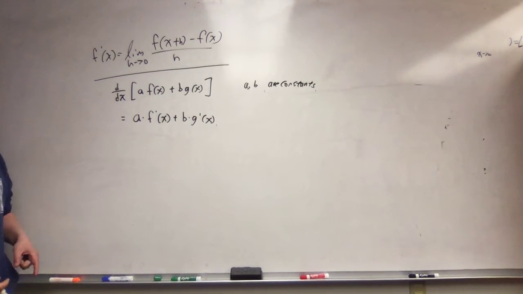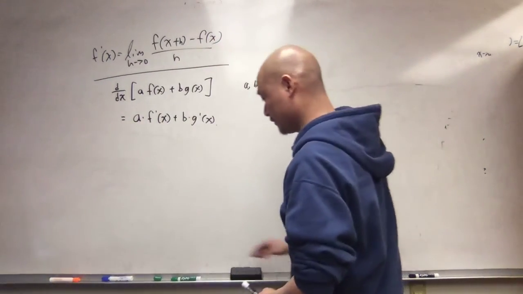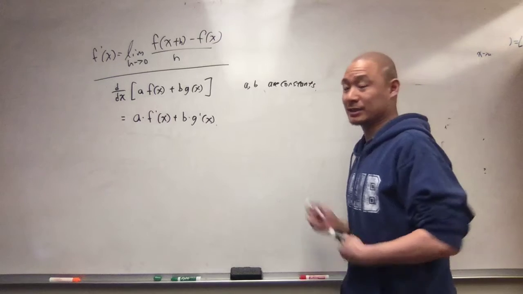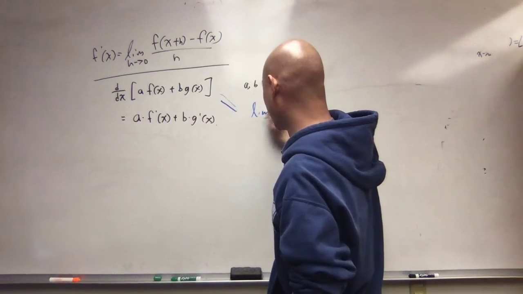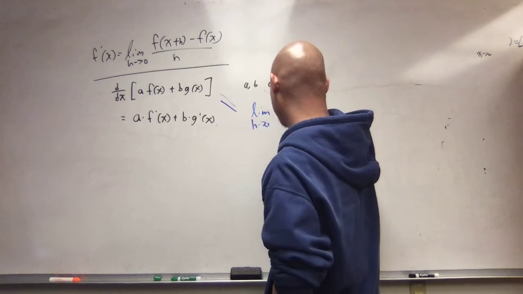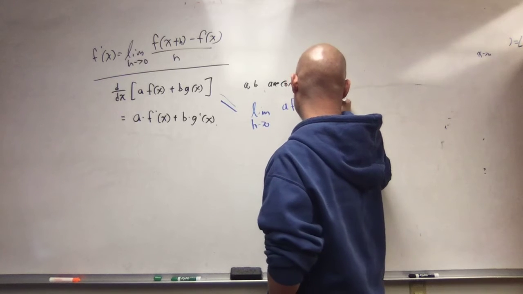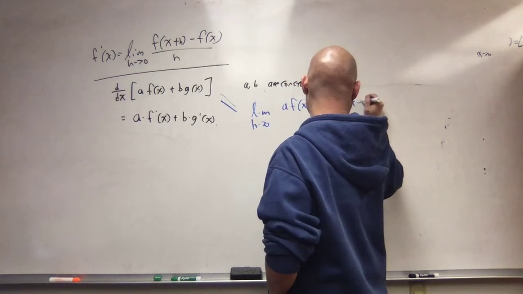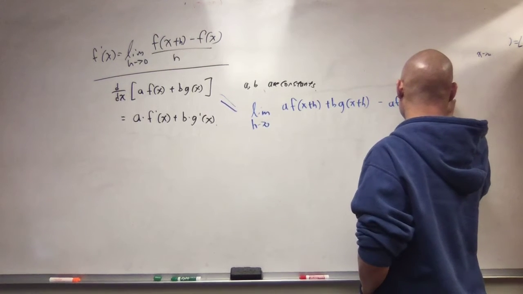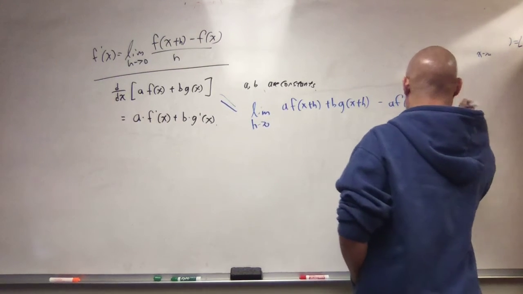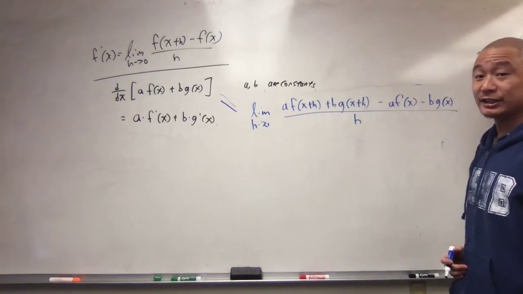And the reason for that is based on the limit definition of a derivative. So let's kind of work this out here. This thing is equal to the limit as h approaches 0 of a of f of x plus h plus b of g of x plus h minus a f of x minus b g of x all over h.